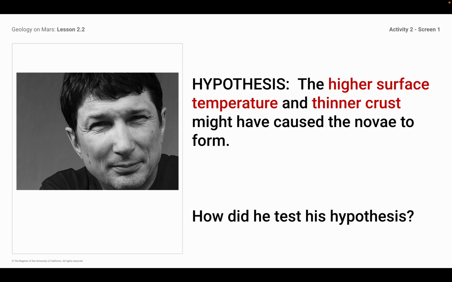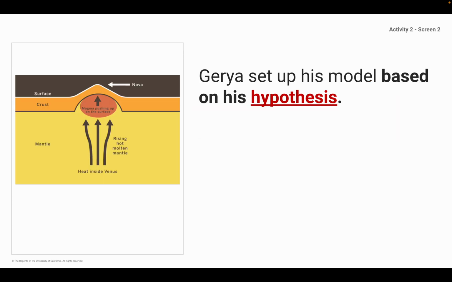So how did he test his hypothesis? Well, he organized a computer simulation. He created a model. So he set up his model based on his hypothesis. And remember, the hypothesis included those two parts. Number one, high surface temperature. Number two, thin crust.